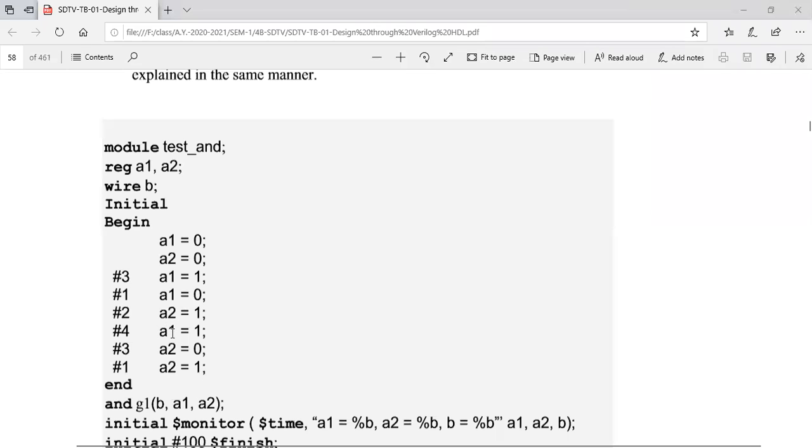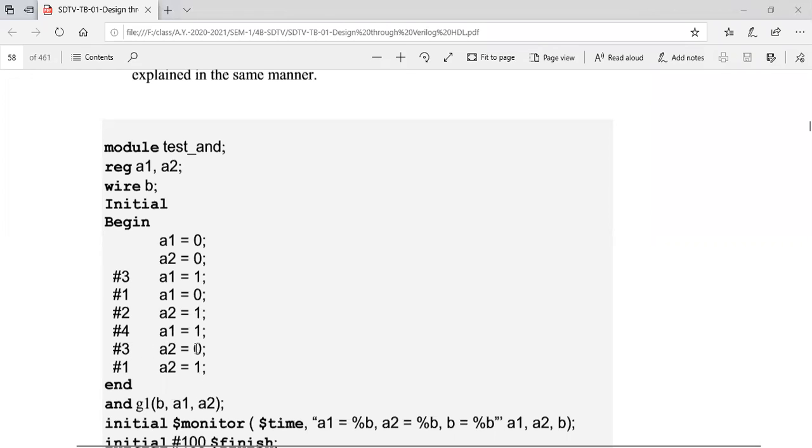Then after that, A1 is equal to 1 and A2 is also 1. There is no change in A2 so far, right? So A2 is equal to 1 and A1 is equal to 1. That means we are verifying the 1, 1 condition. After 3 time units, we are making A2 as 0.